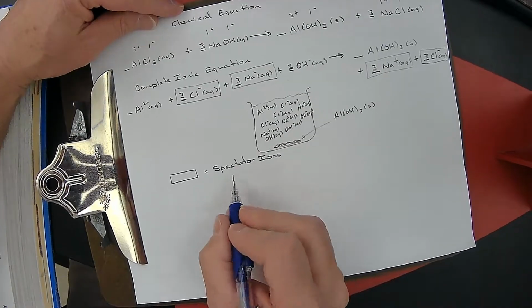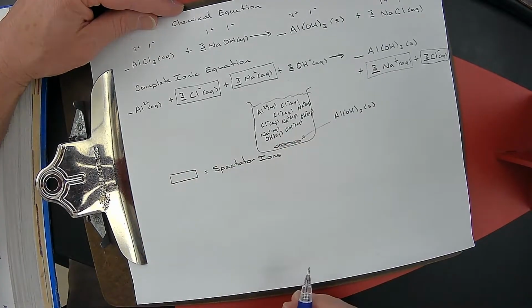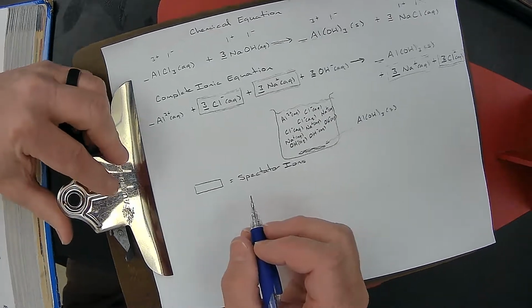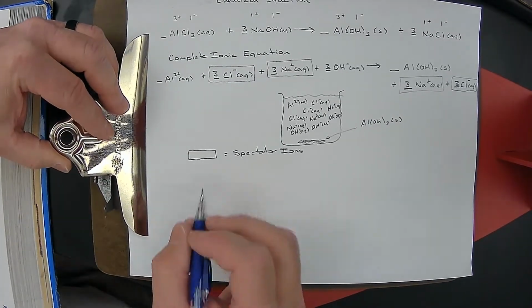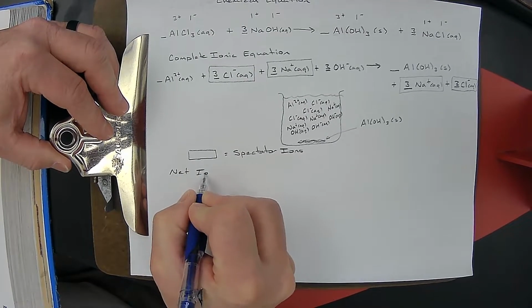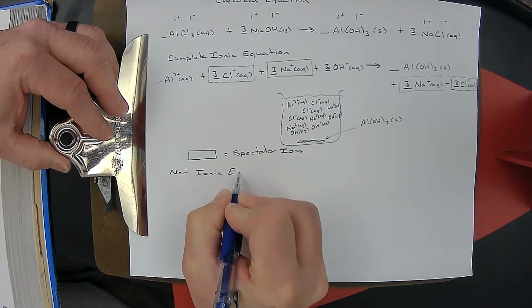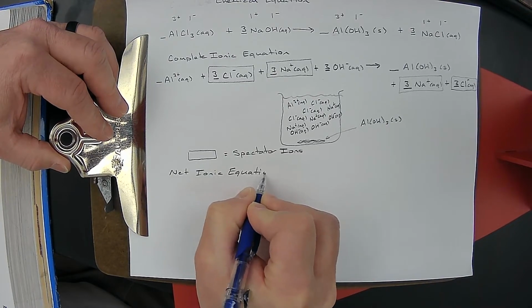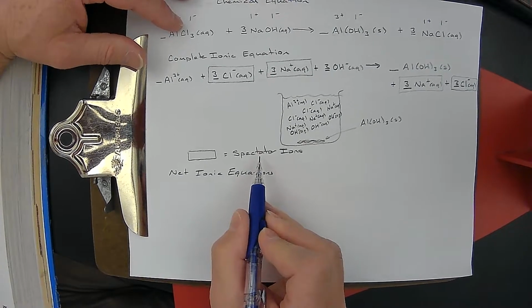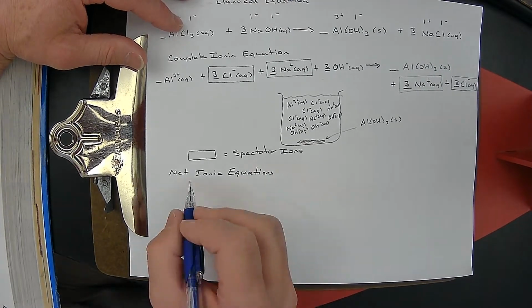They just sit there and watch what's happening. They've never changed. So the final equation that we want to write is called the net ionic equation. The net ionic equation only involves substances that changed. So it will not involve spectator ions.